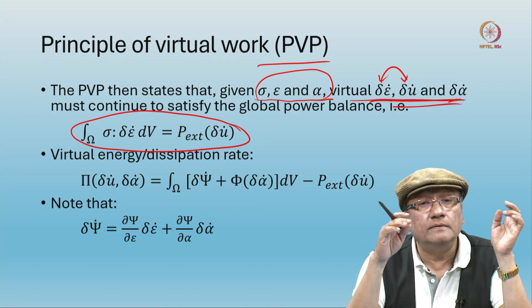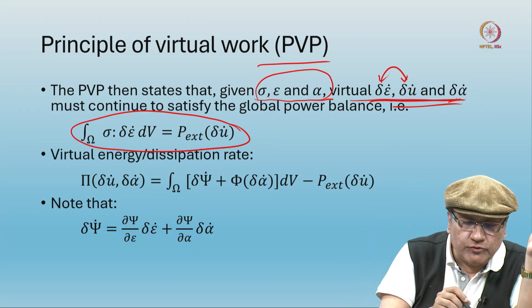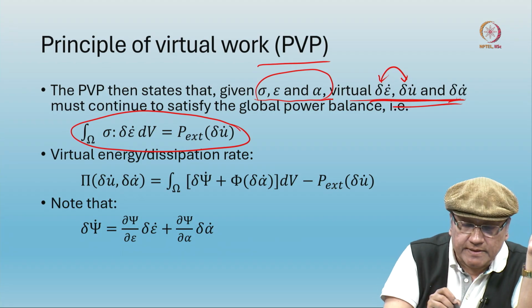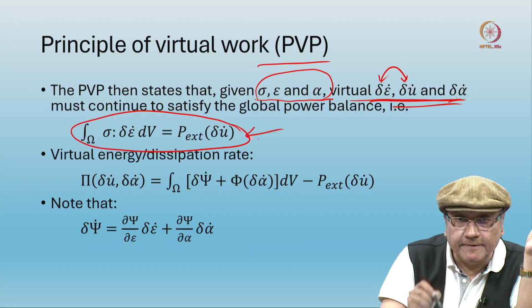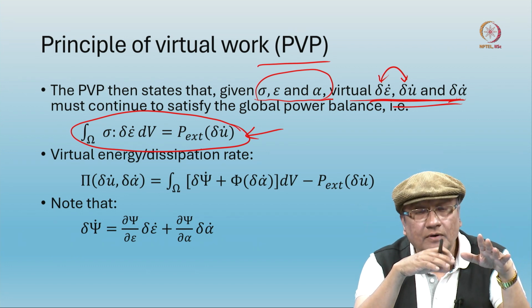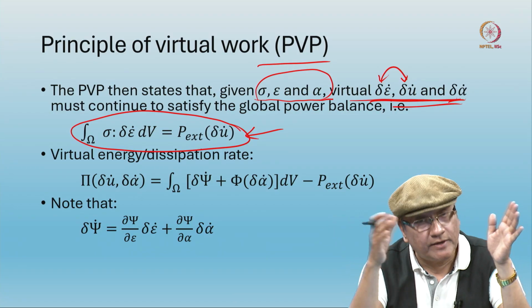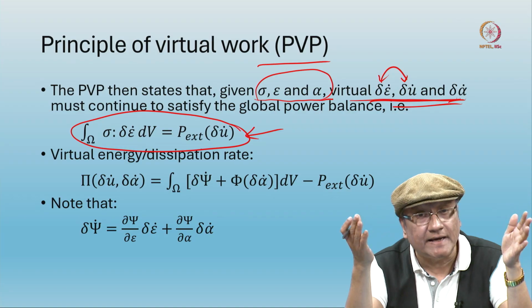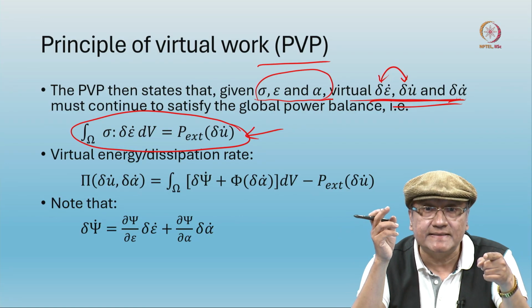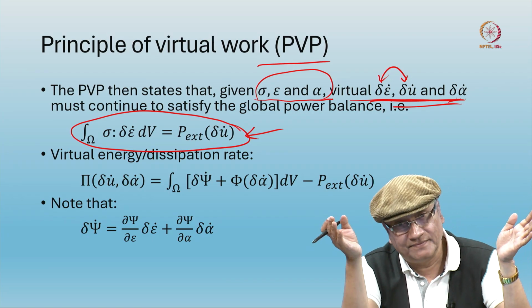So, that would in other words mean that if you take the difference between this left hand side and right hand side here, then this is nothing but the variation of the total power, internal minus external, or external minus internal, virtual variation of that power. What the principle of virtual work states is that the variation of that power will also be 0.